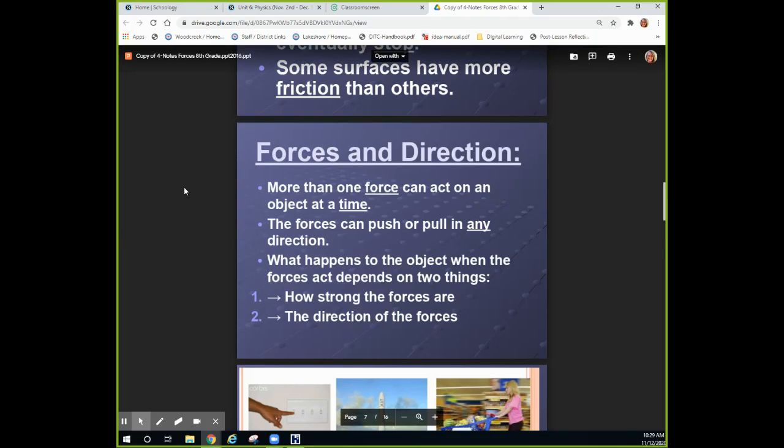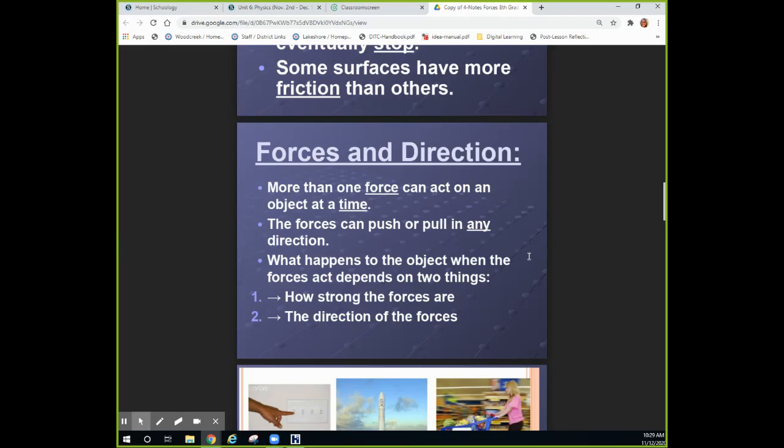How much force is needed to move things, and if all the forces on an object are equal, what will happen? So a force can push or pull in any direction, but what happens to the object when the forces act depends on two things: how strong the forces are and what the direction of the forces is.